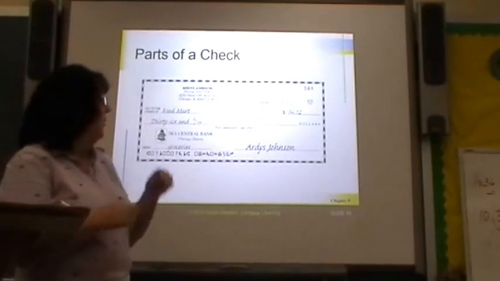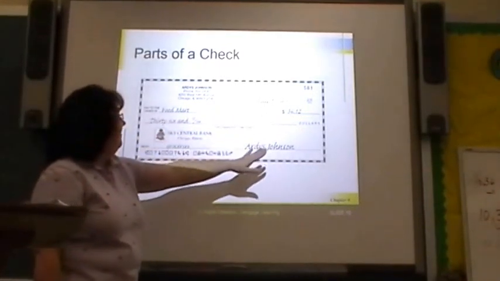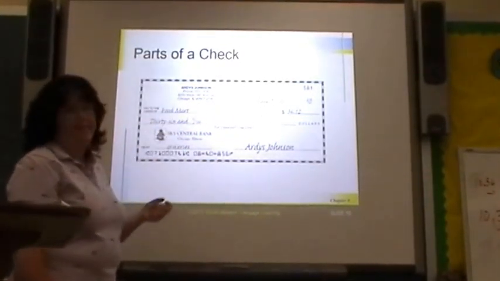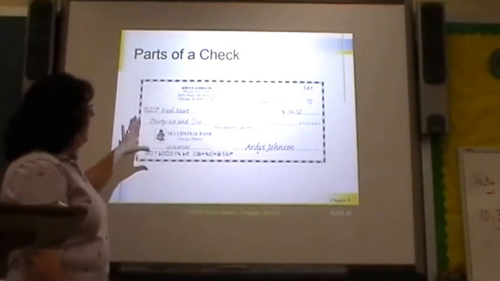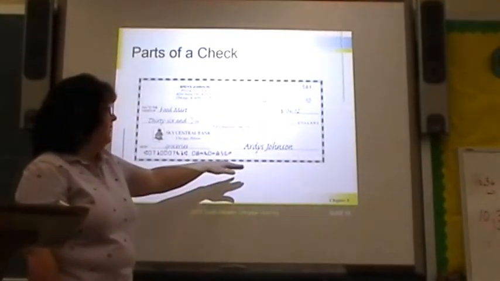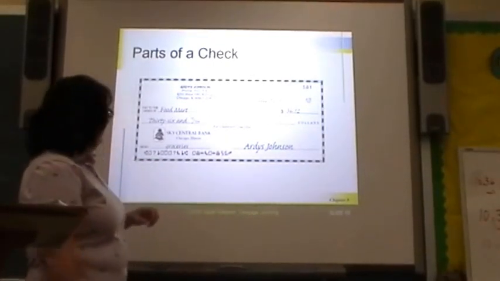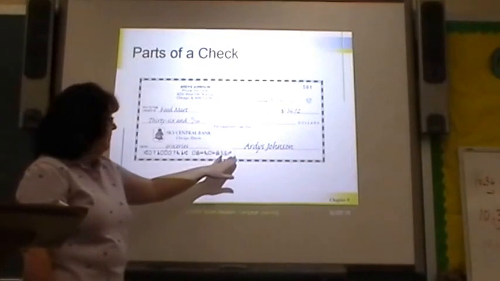Now let's talk about the parts of a check. Here we have Artie's Johnson. So that means that all the checks written by Artie's Johnson come out of Artie's Johnson's checking account. So there's a series of numbers at the bottom.